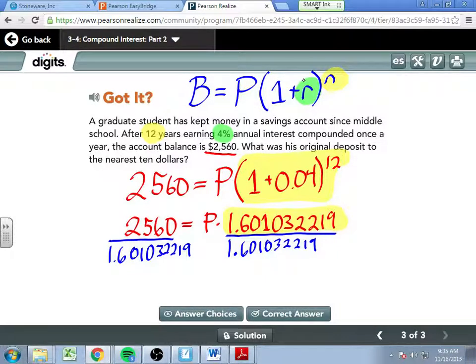So if I type 2560 divided by, then hit second, the yellow button up here, or for some of you it's a lighter blue, then the negative symbol grabs my previous answer. Right above it, it says ANS. When I do that division, you get about 1,598.96.